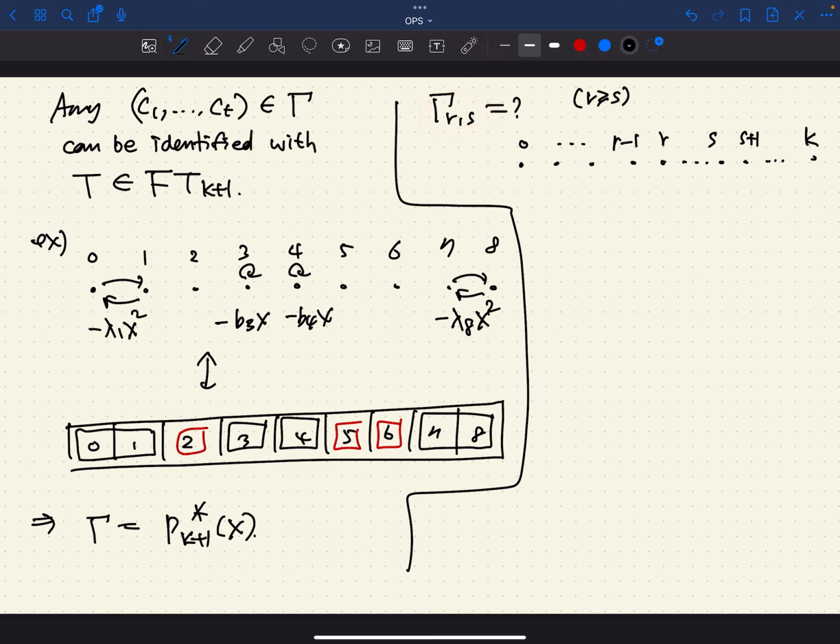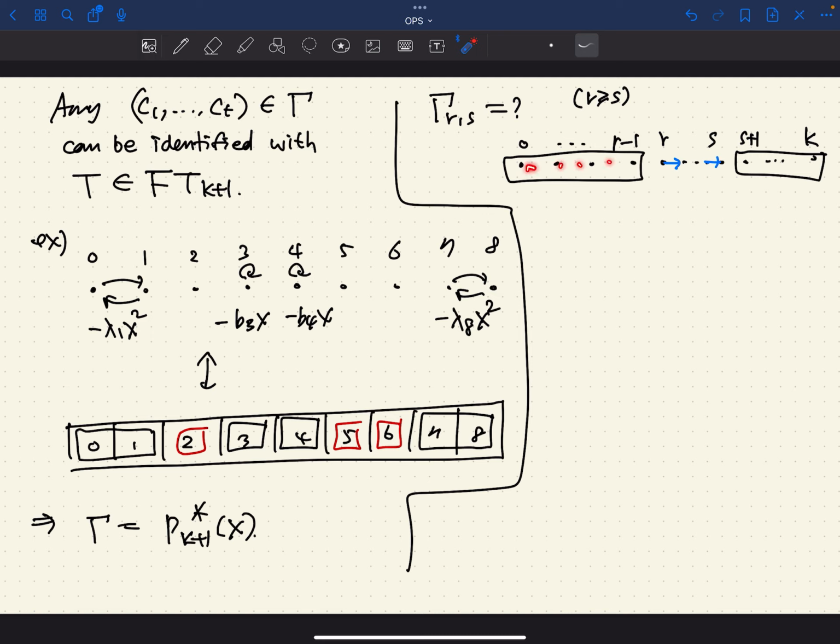So there's only one way to go from r to s, only one direction like this. And now you may choose some disjoint cycles, but they must also be disjoint with this path. That means we have to select disjoint cycles only from this part or this part.